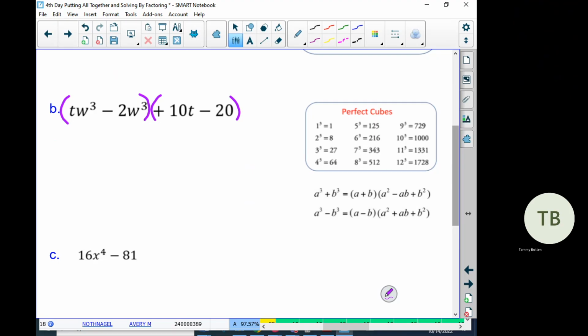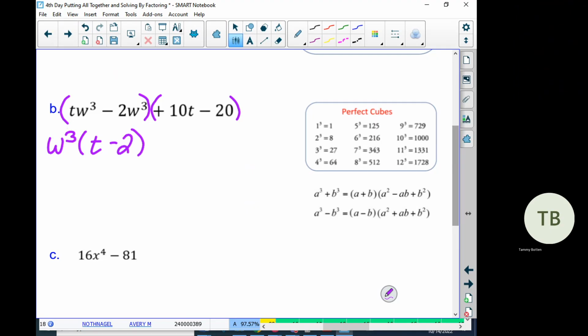I have a W to the 3rd power in both, so I can take a W cubed out of each. W to the 3rd times what gives me TW to the 3rd? That would be T. And W to the 3rd times what gives me negative 2W to the 3rd? That's minus 2.